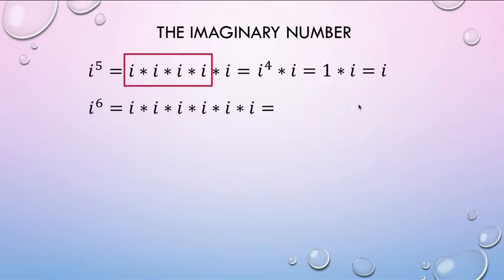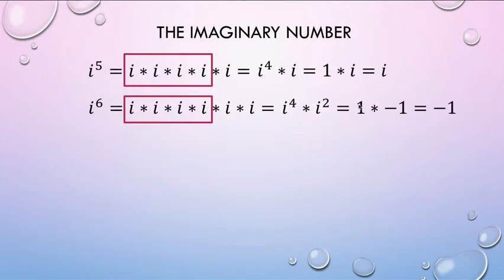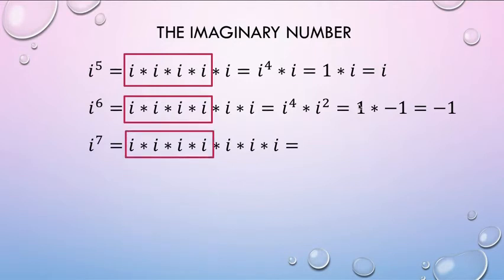i to the sixth then, well, if we know that 4 of them equals 1, then I've got i to the fourth with 2 left over, so i squared. And I know that i squared equals negative 1. So 1 times negative 1 is just negative 1. i to the seventh then, well, we've got 4 i's, and there's 3 left over.